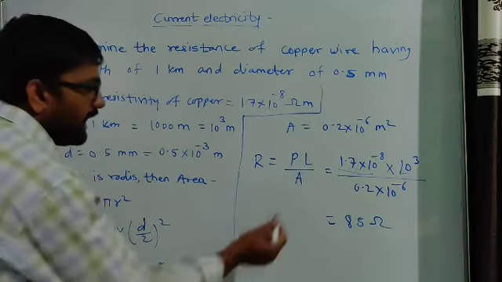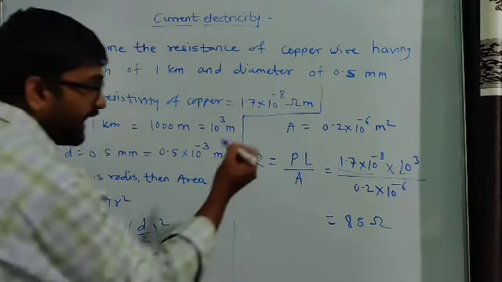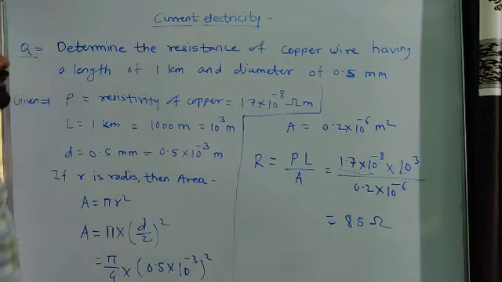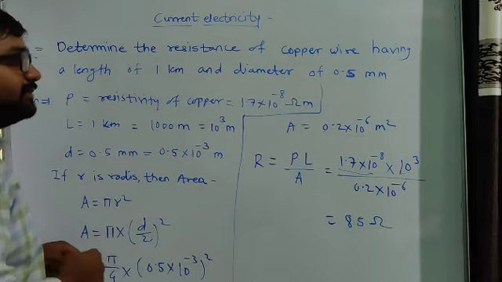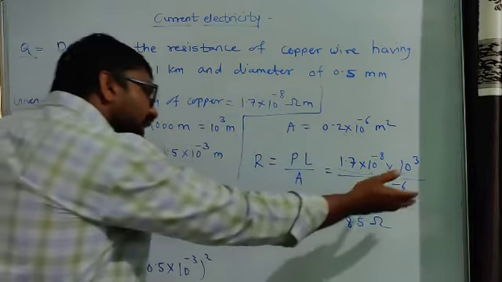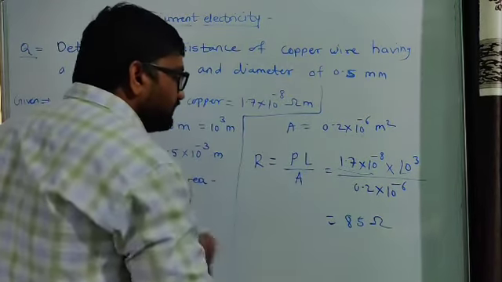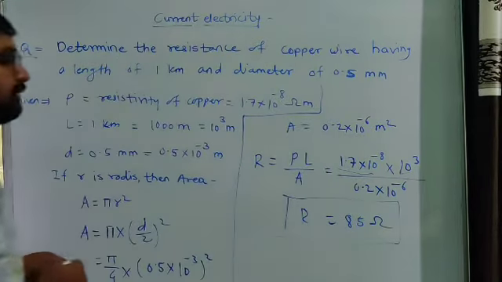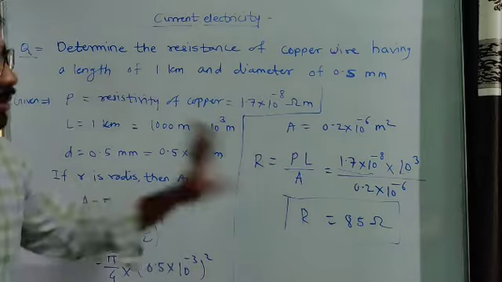And the area we calculated here is 0.2 into 10 raised to minus 6 meter square. By calculating all of this, we will get the answer: the resistance of that wire will be 85 ohm.